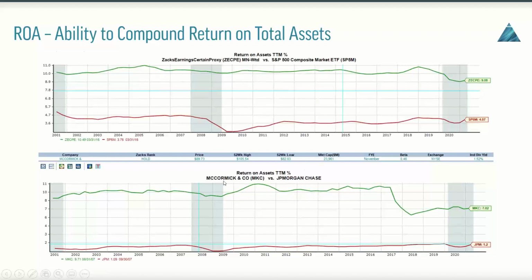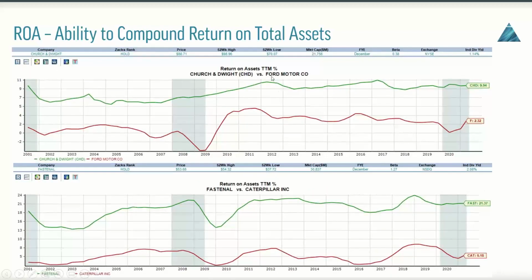Look at McCormick's ability to compound return on its assets relative to JP Morgan. And again, nature of the business, fine. It's just a business I don't have to be in all the time. I can tilt into JP Morgan and financials when the time is right, when the economic cycle and the yield curve dictate that the time is right. I don't need to sit in it. You're only looking at a return on assets of 1.2% when I can be in McCormick earning 7% return on assets.